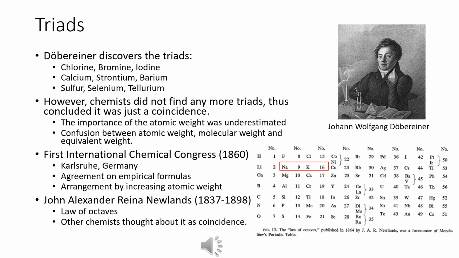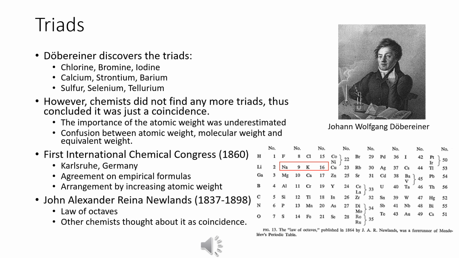When he arranged the elements in this manner, you could see that in some of the horizontal rows, some elements of similar chemical properties were set together, like for example sodium and potassium, but also fluorine and chlorine, and sulfur, selenium.